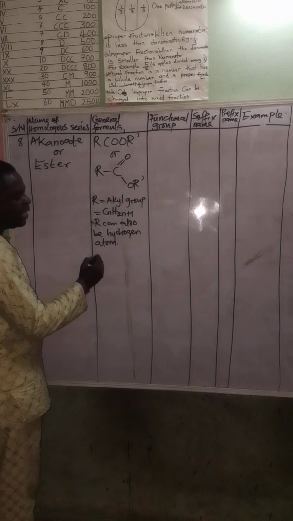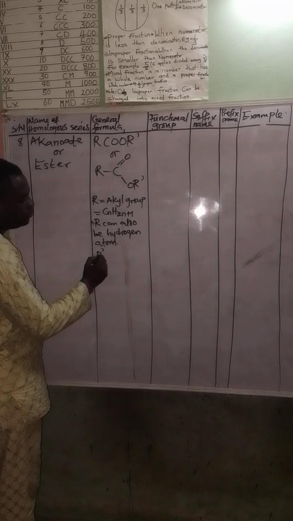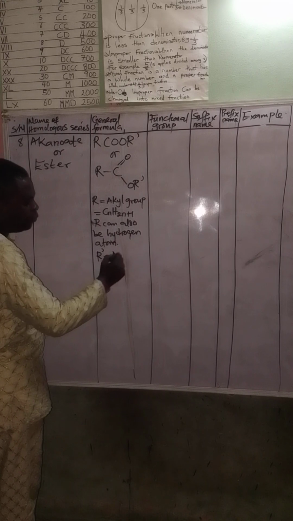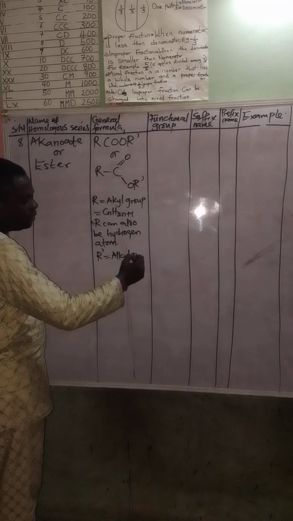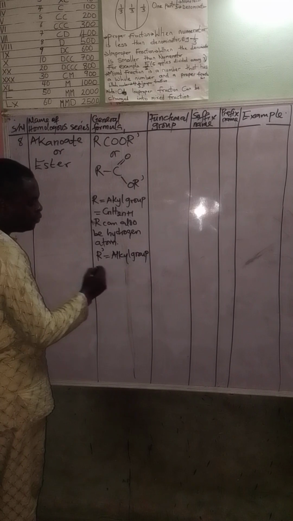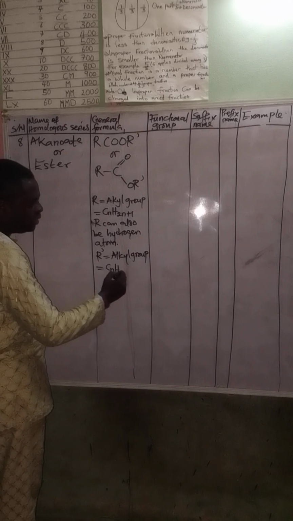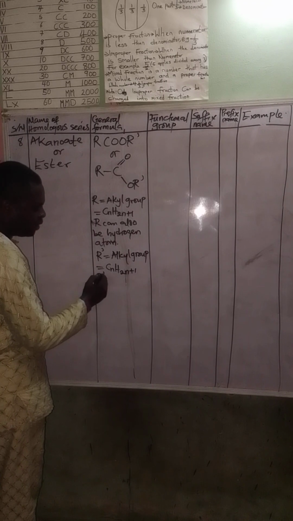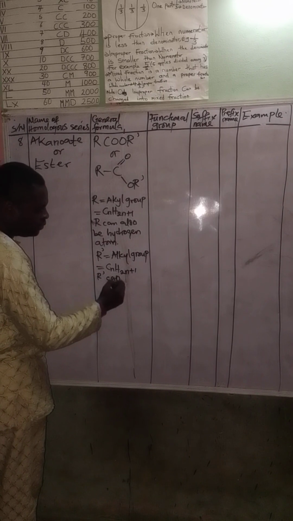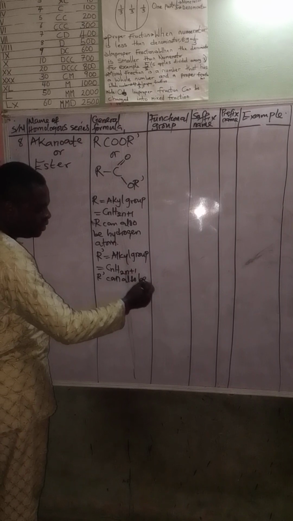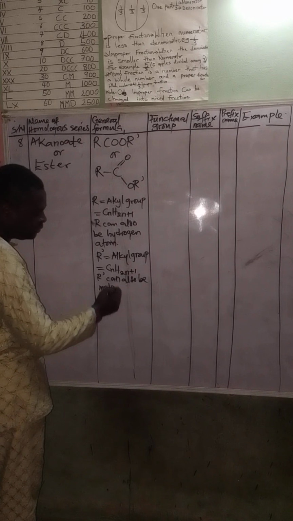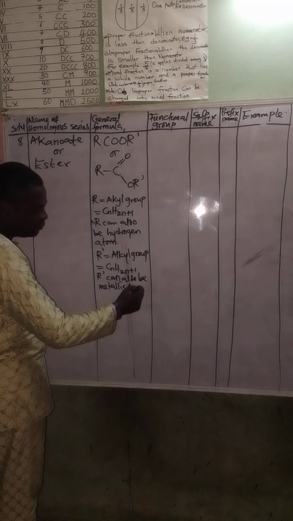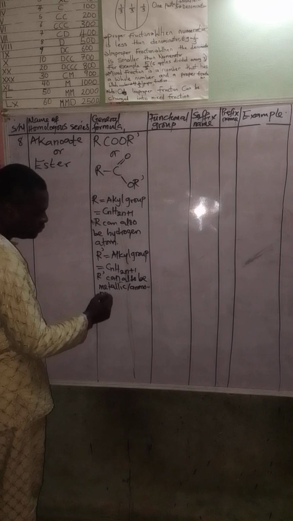Then your R prime can also be an alkyl group, which is CnH2n+1. R prime can also be metallic or ammonium ion.